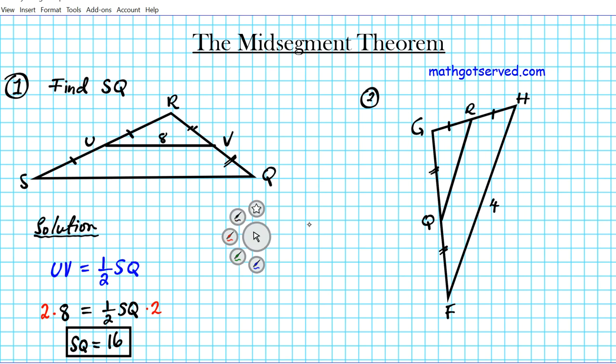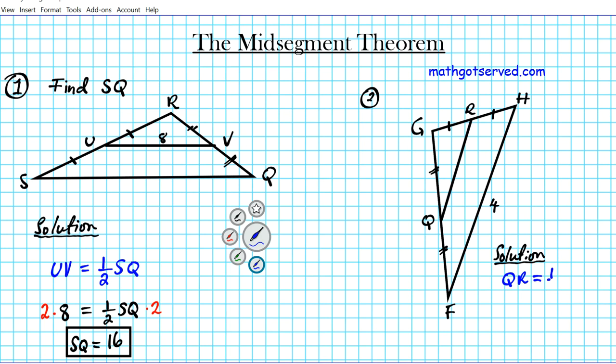Alright, let's take a look at number 2. For number 2, we're going to start off by writing down how the midsegment applies to this case. The midsegment is QR, because it connects the midpoints of segments GH and GF.